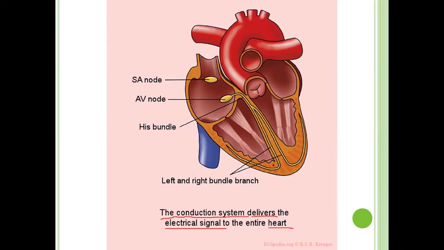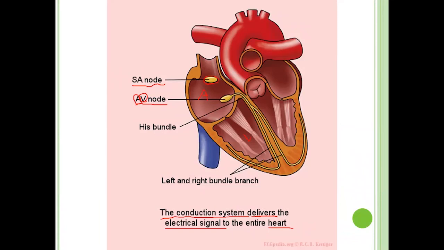We have the SA node, located on the wall of the right atrium. And we have the AV node. AV means A for atrium, V for ventricle. So it's located in the heart muscle between the atrium and the ventricle.